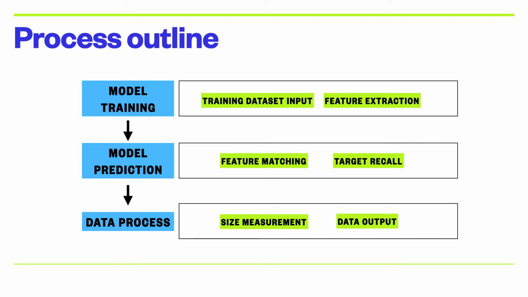That includes training dataset input and feature extraction. After that is the model prediction part, including feature matching and target recall. And finally, data process. In this part, we deal with size measurement and data output.